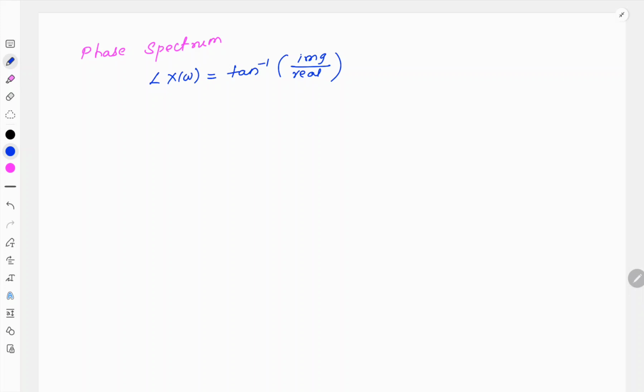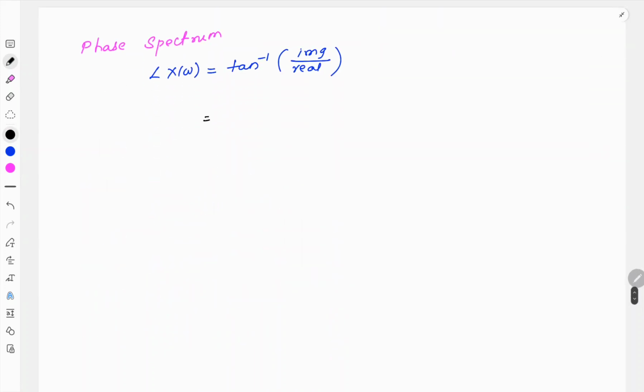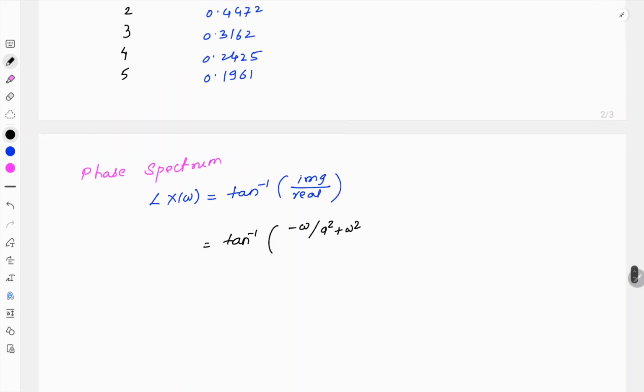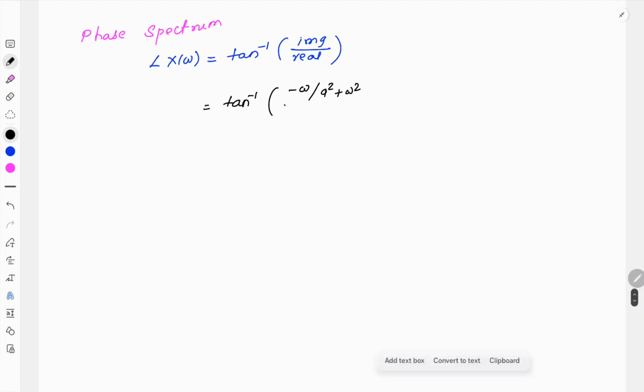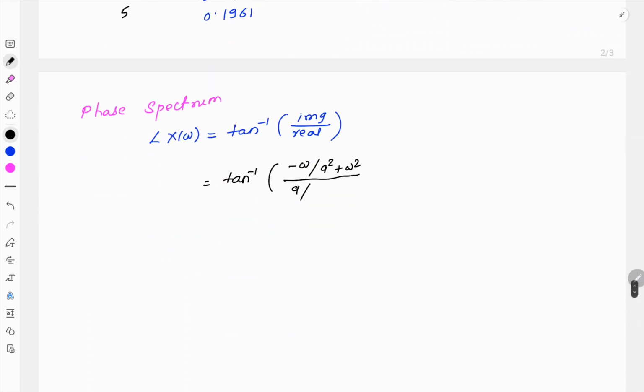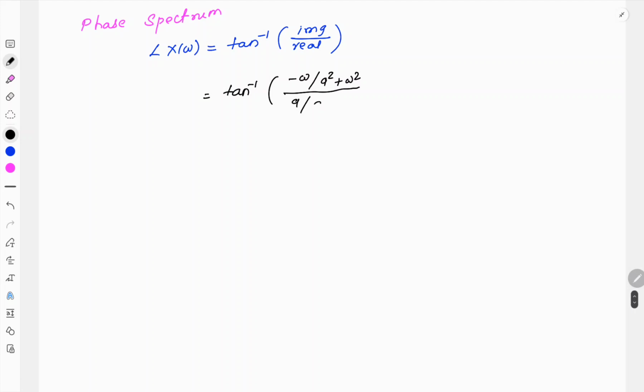So put these values in this equation, we get tan inverse of imaginary part, which is minus of omega divided by a square plus omega square, whole divided by real part, which is a upon a square plus omega square.